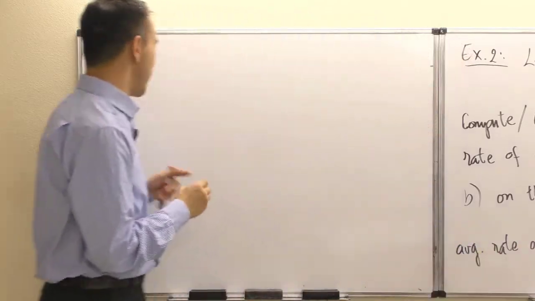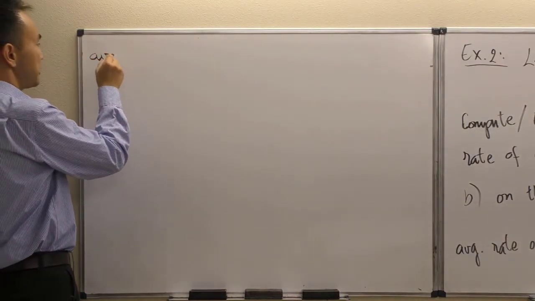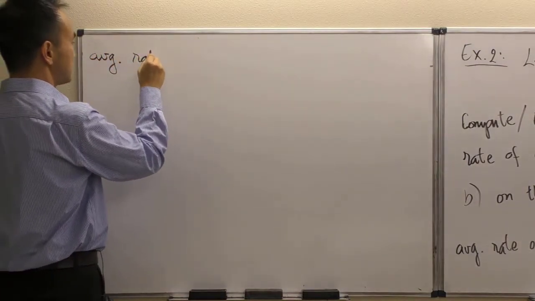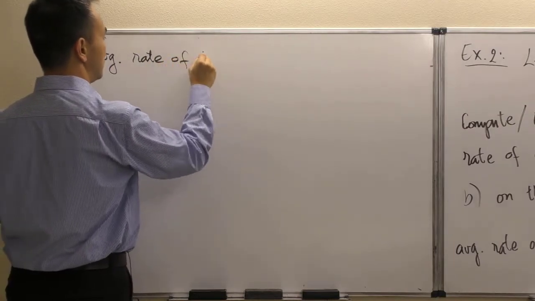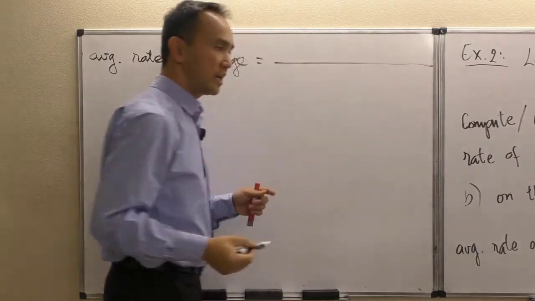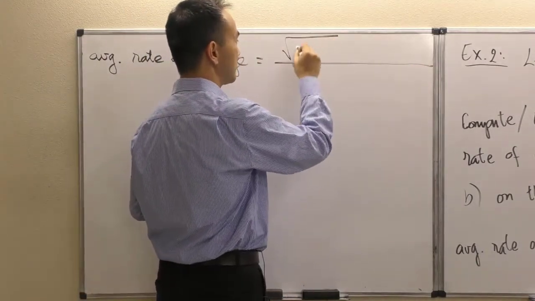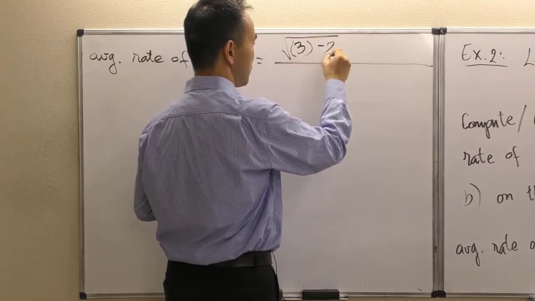And allow me to change the style a little bit. So that average rate of change really equals, now substituting in, so f of 3, substituting values in, we're looking at the square root of 3 minus 2.